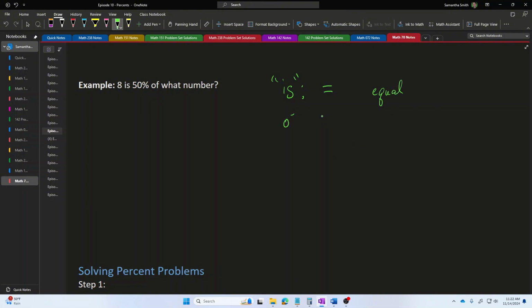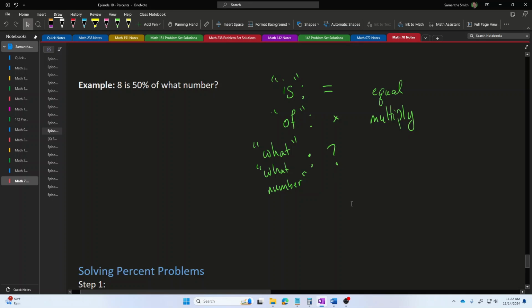We also know that the keyword "of" corresponds to multiplication. And this expression "what", or "what number", refers to a value that is currently unknown. So I might represent it, for example, with a question mark to represent the fact that I don't know what this number is just now.